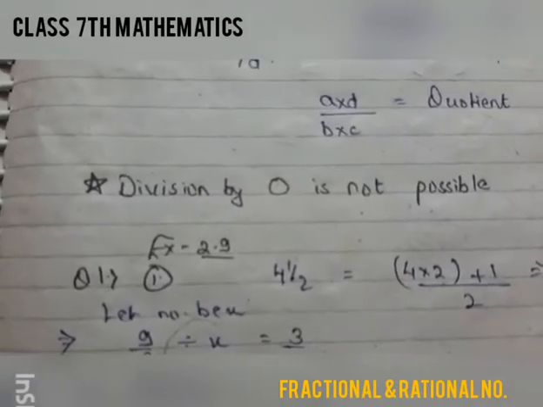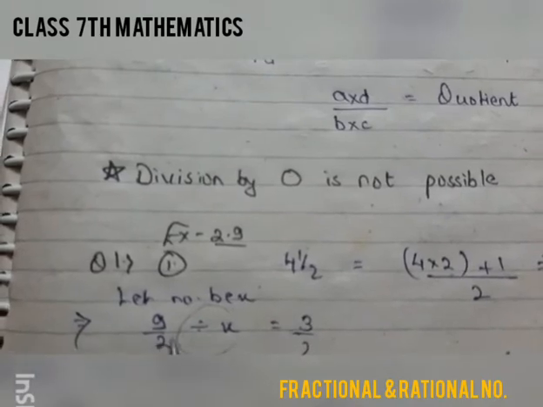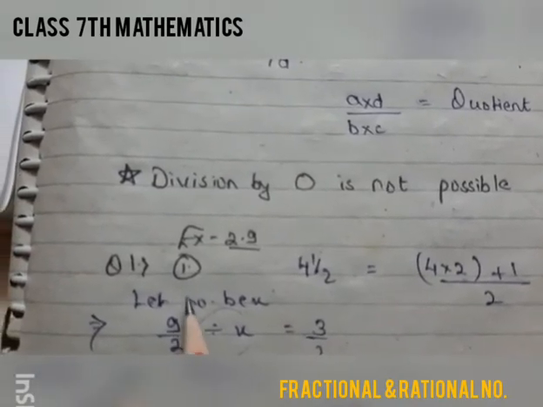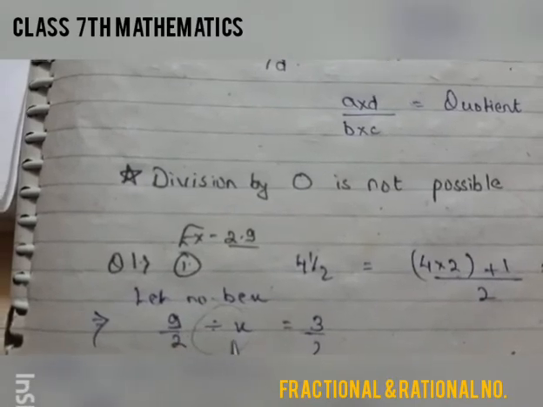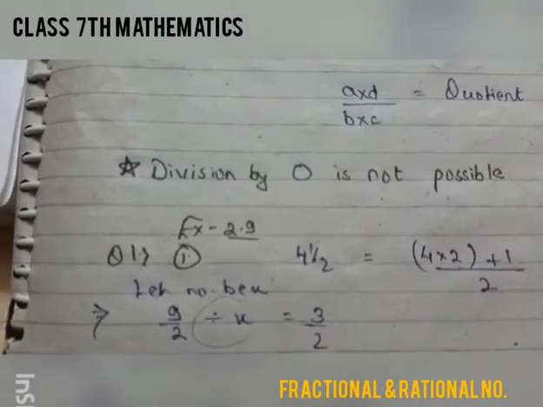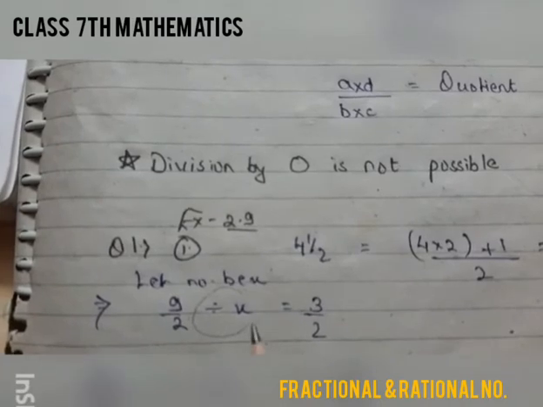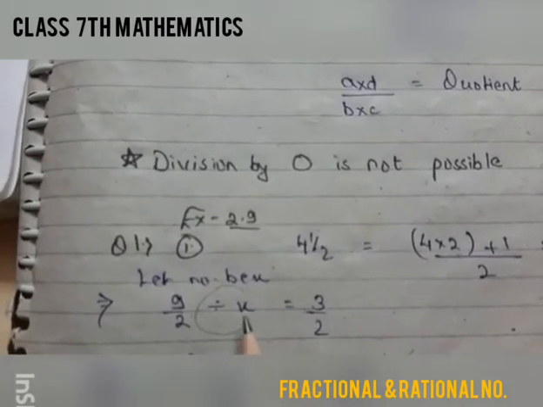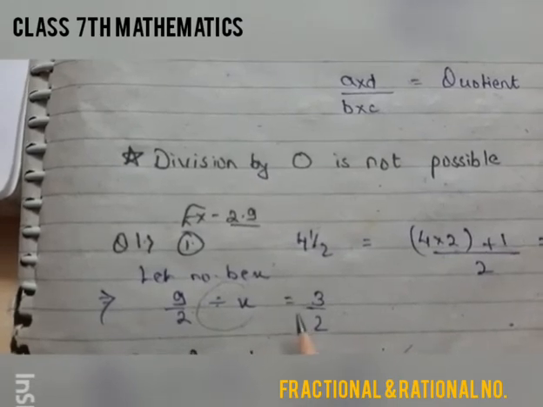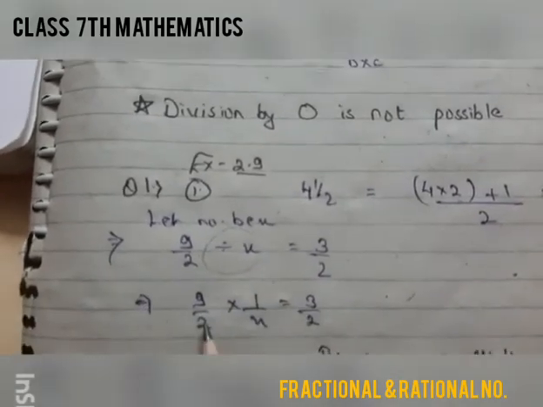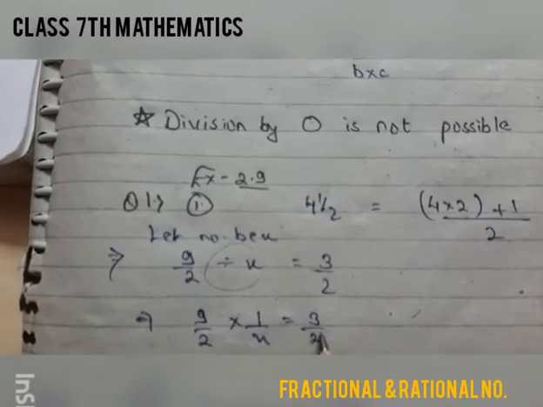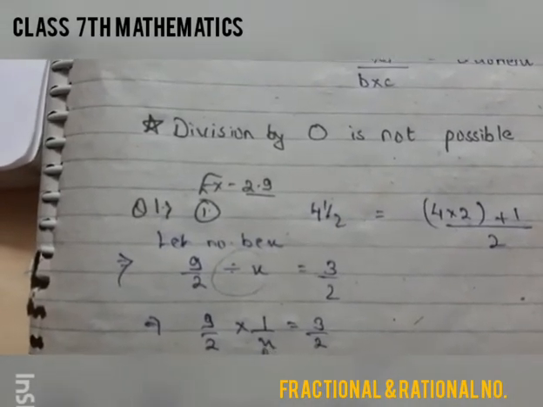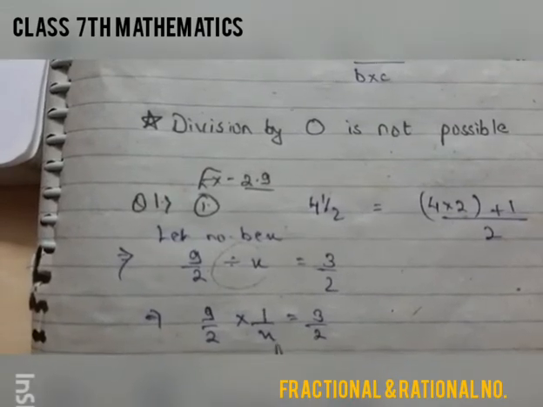Now mathematically we know that when a rational number is divided by a second rational number, the method says multiply the first rational number into the reciprocal of the second rational number. Since we have assumed x as the second rational number, the reciprocal of x will be 1 upon x. So write it down, 9 upon 2 into 1 upon x is equal to 3 upon 2. Now we need to know the value of x. How will we know it? By the method of cross multiplication.